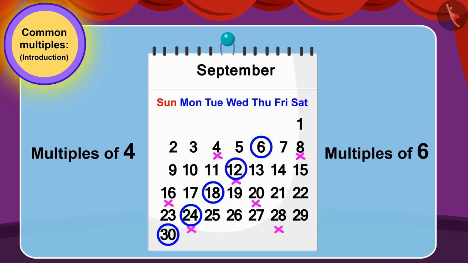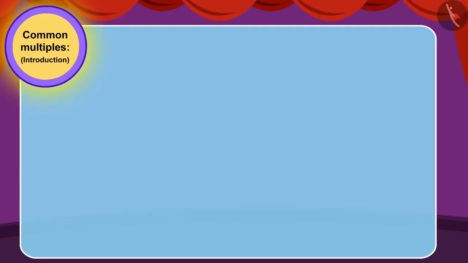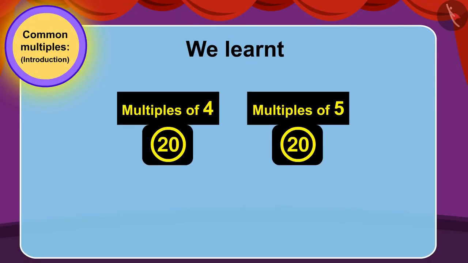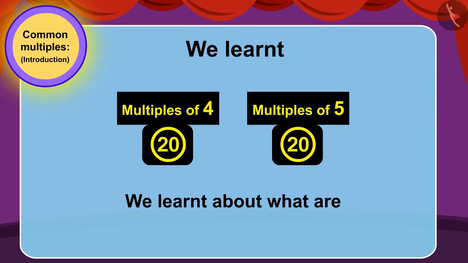So Bablu's math and science classes will be held on the 12th and 24th simultaneously. Children, in this video we learned about what common multiples are. In the next video, we will learn more about it with some interesting examples.